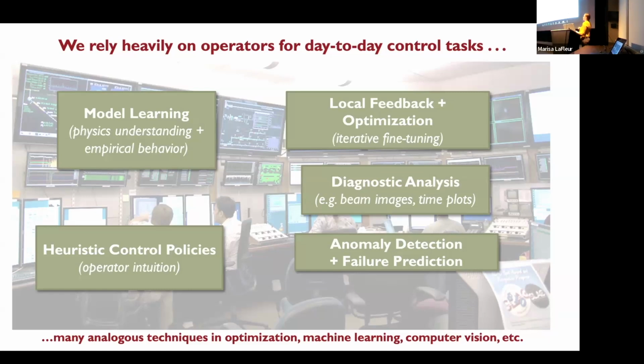So things like trying to fuse physics understanding and empirical behavior, trying to ingest lots of multimodal diagnostic information, and then trying to, from pretty high dimensional signals, identify unexpected behavior or predict when something's about to fail.